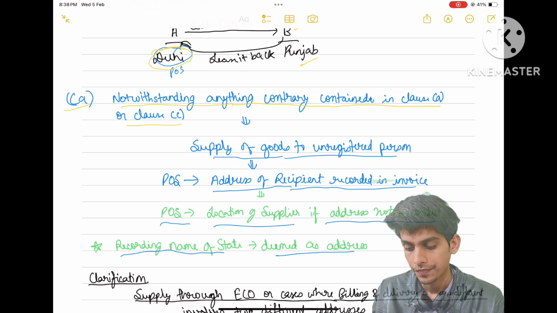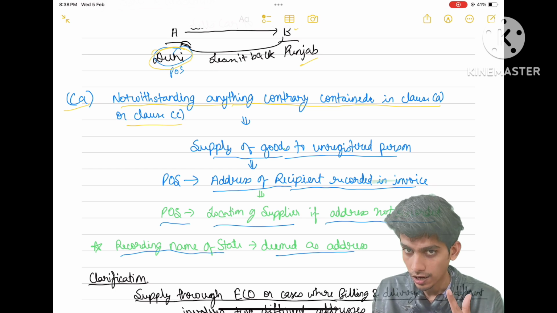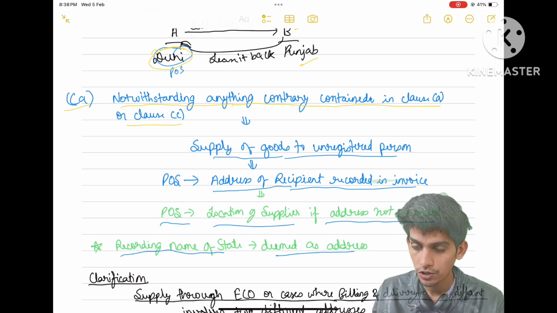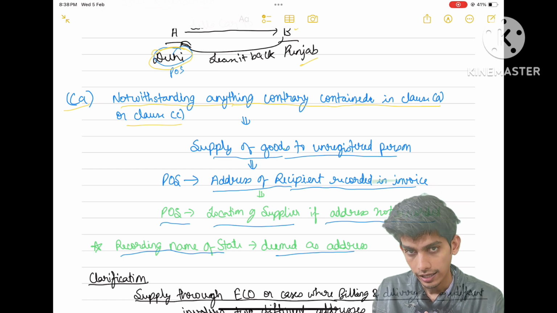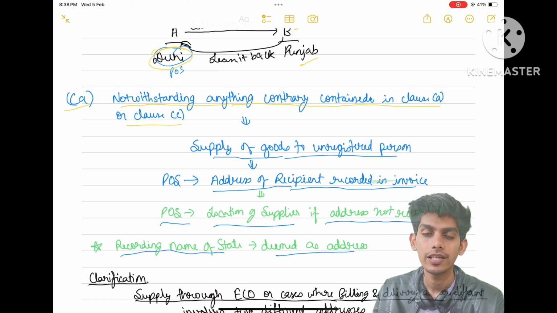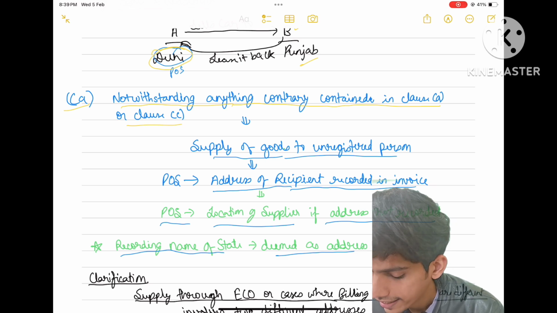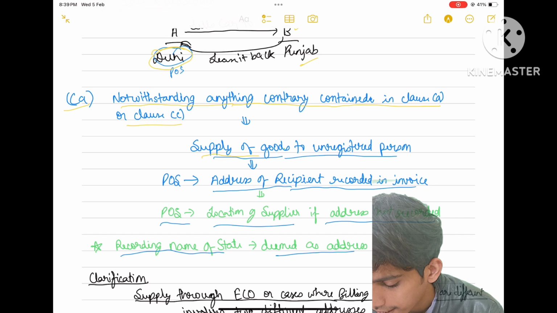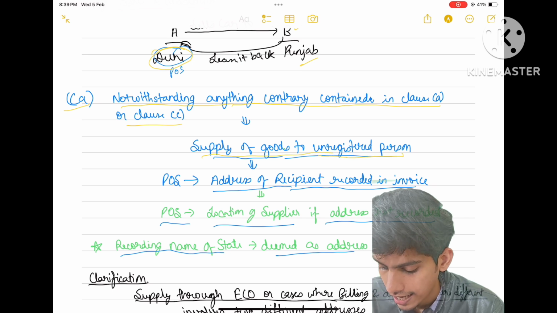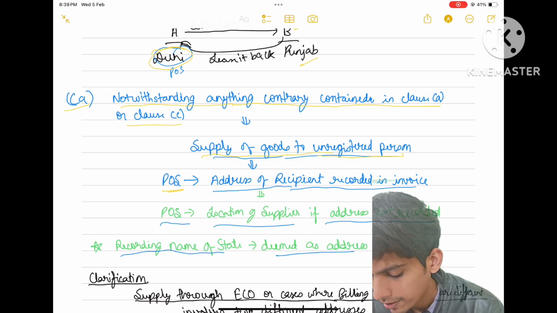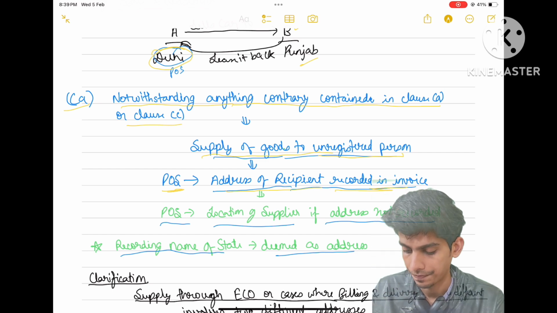If the transaction falls in any of those two clauses, then those two rules will apply. If not, then this rule will apply. So notwithstanding anything contrary contained in clause A, clause C, where supply of goods is made to an unregistered person, then the place of supply will be the address of recipient recorded in the invoice.